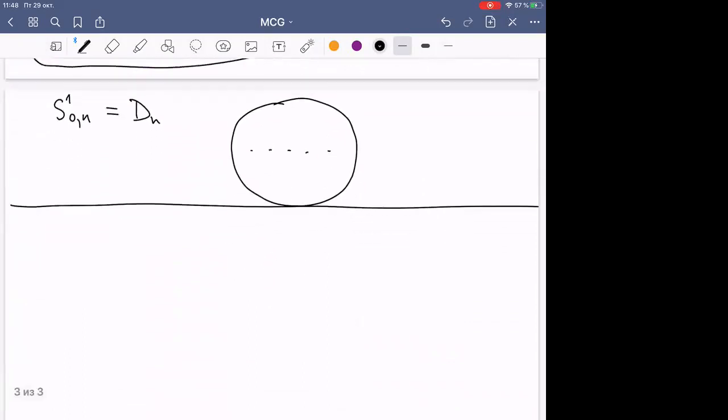First of all, let us construct a homomorphism from the mapping class group of this n-punctured disk to the braid group.